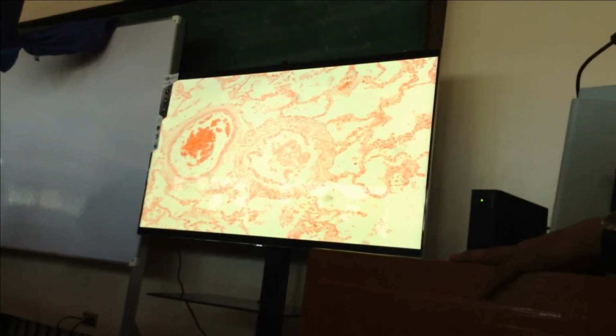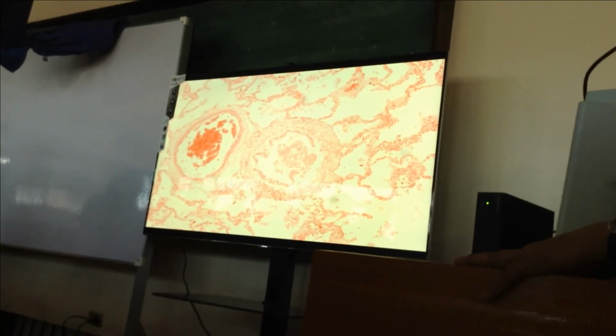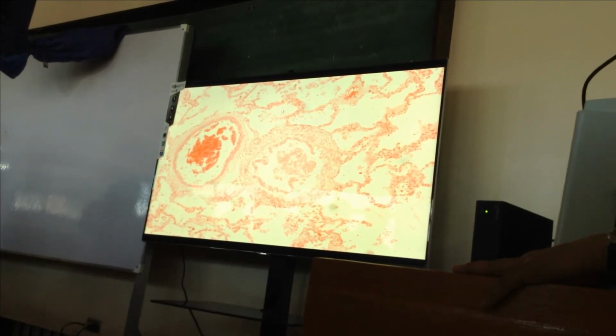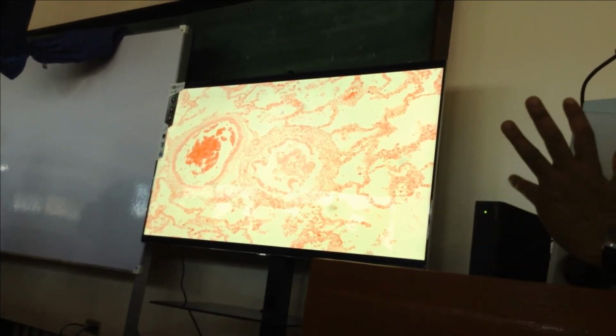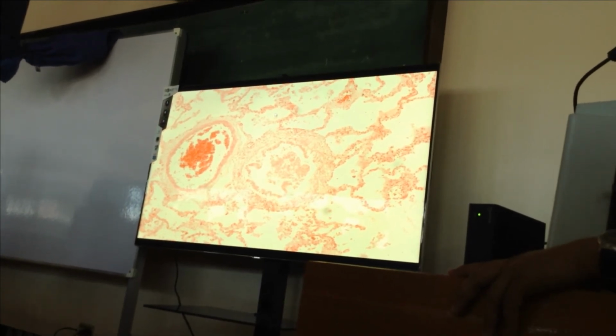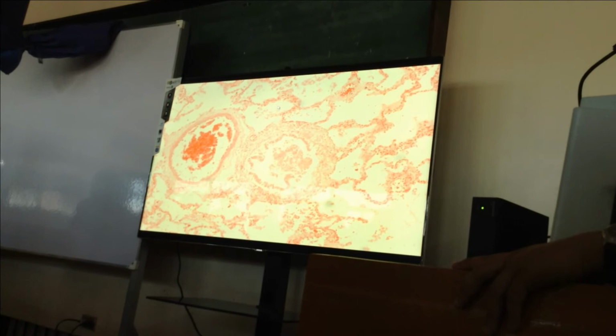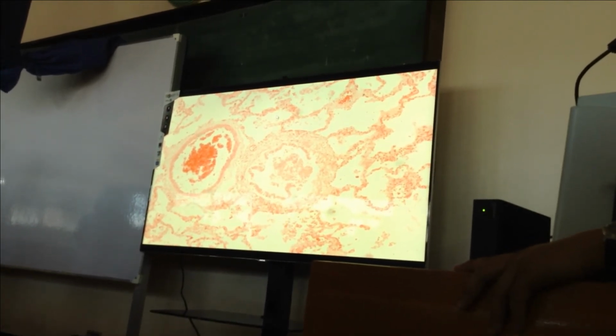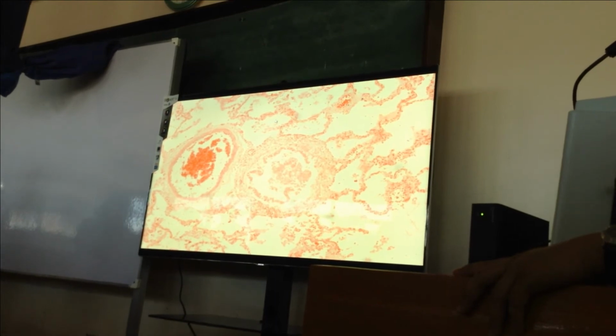So we are able to see inflammation developing in the wall of a bronchus and inside the alveolar spaces. In lobar pneumonia, where is the inflammation located? In the alveolar spaces only. Neutrophils are present in the alveolar spaces only.